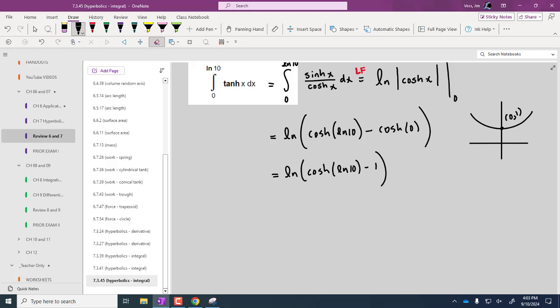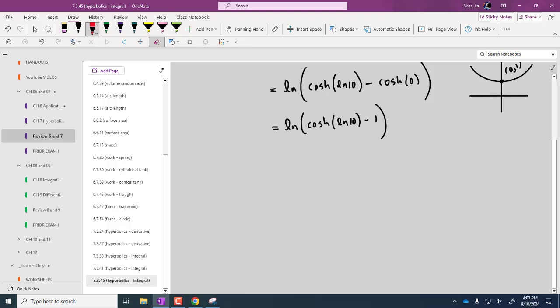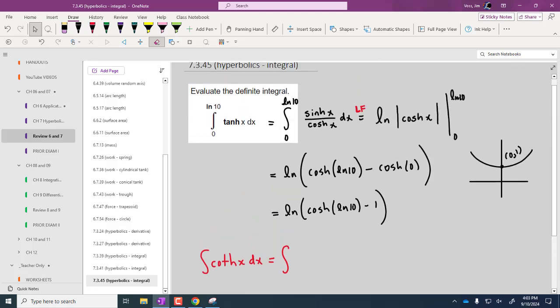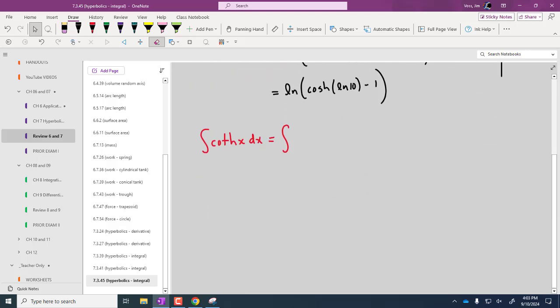Sinh can be negative. So let's look at that one real quick. If you're integrating cotangent, here we do the same type of thing. We're going to just rewrite it. Tangent is sinh over cosh, cotangent is just flipped, so it's cosh over sinh. It's in log form though, right?